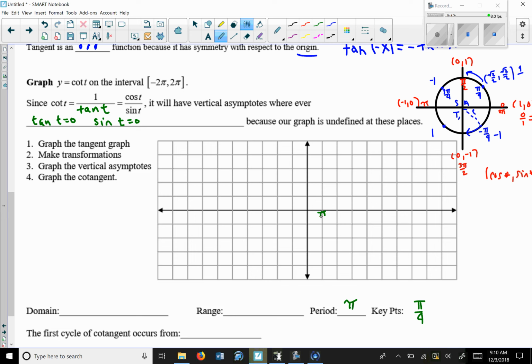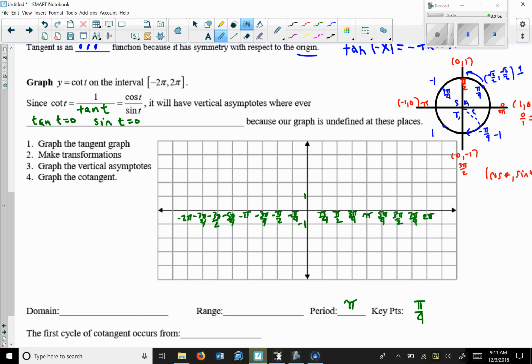So we have 1 pi over 4, 2 pi over 4 is pi over 2, 3 pi over 4, 4 pi over 4 is pi, 5 pi over 4, and then we have 6 pi over 4 is 3 pi over 2, 7 pi over 4, and 8 pi over 4 is 2 pi, and we're going to do that on the negative side too. Okay. And so this would be 1 and negative 1.